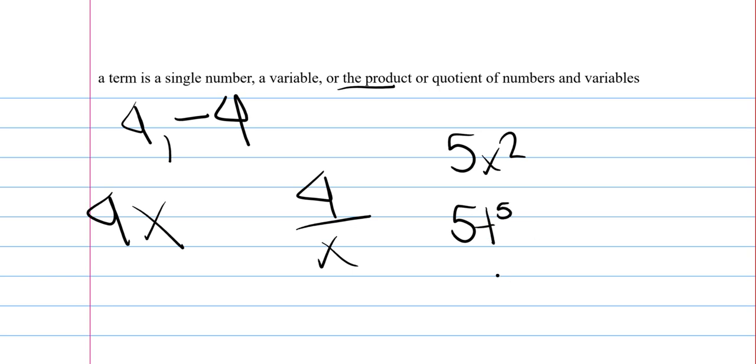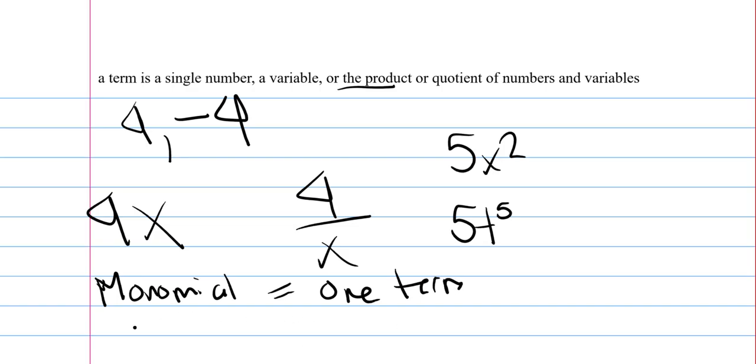There are also multiple types of polynomials based on the number of terms they have. One type is the monomial. A monomial only has one term.